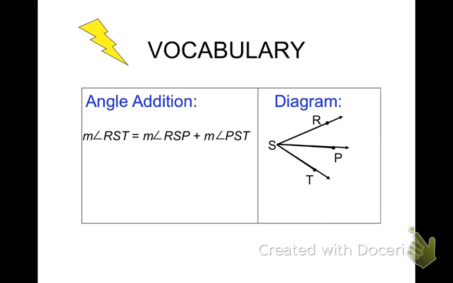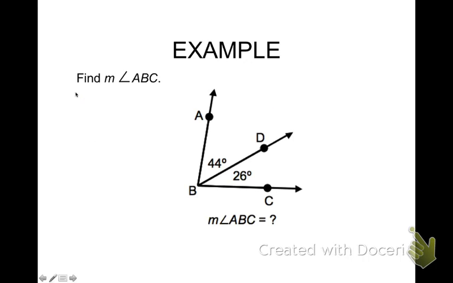If you look at the example below, we were looking for the measure of angle ABC, the angle highlighted in blue. What are we going to do with those numbers?